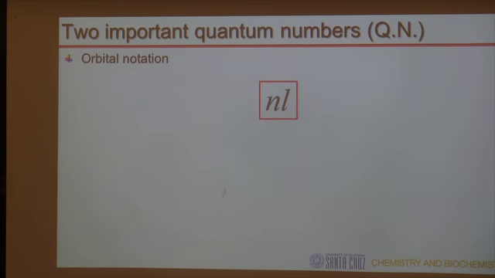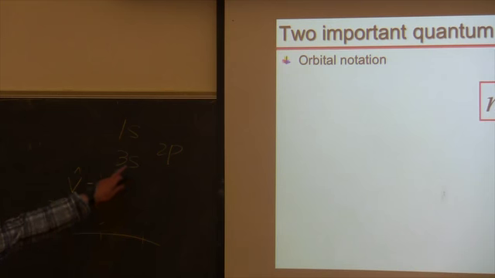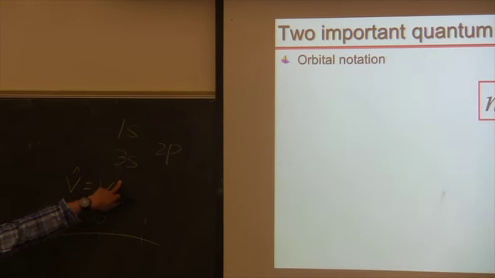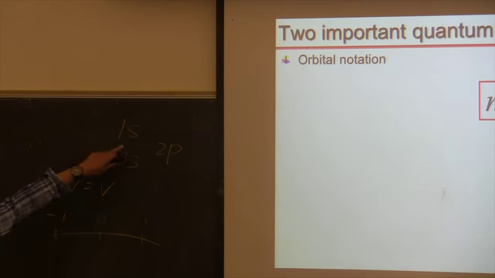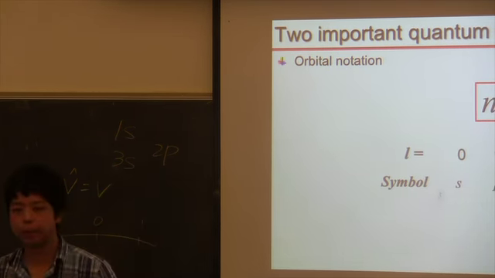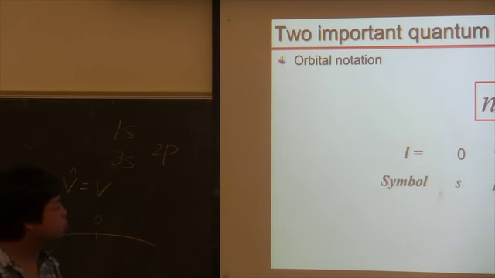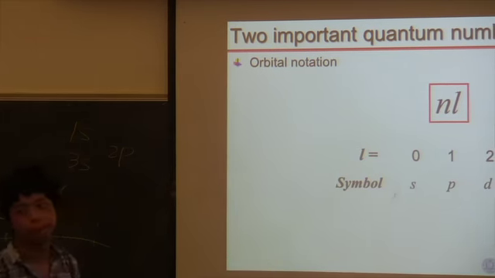As you can see, the first number is n. 1s means n equals 1, 3s means n equals 3, 2p means n equals 2. But the weird thing is, what do s and p mean? There's a list for each L value. If L equals 0, the symbol is s. If L equals 1, the symbol is p. And 2 for d, 3 for f, and more.